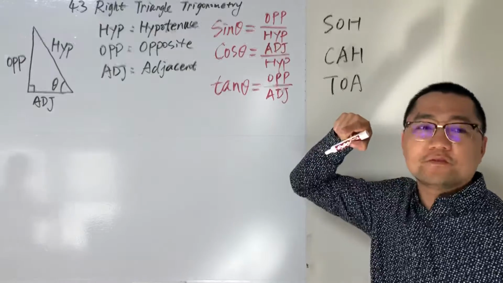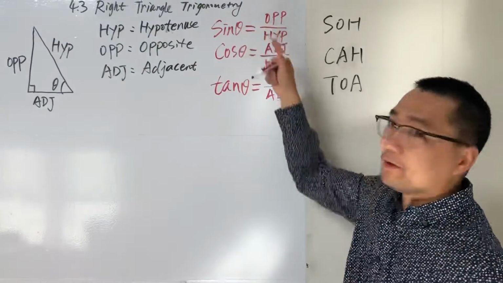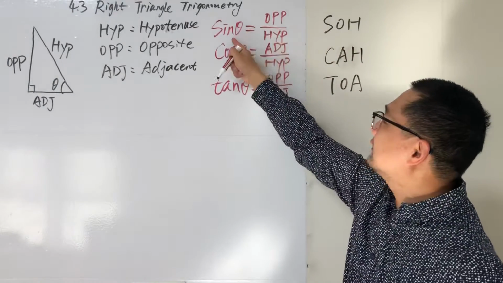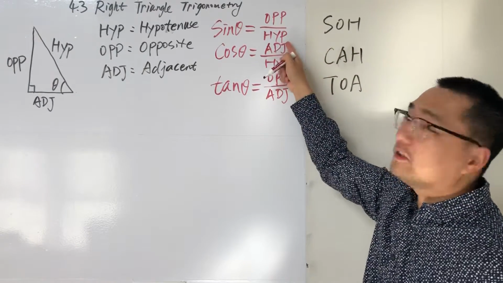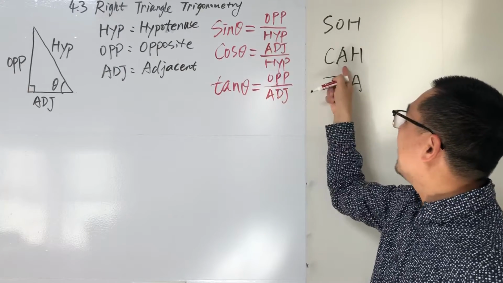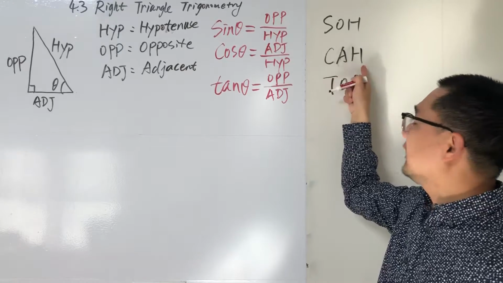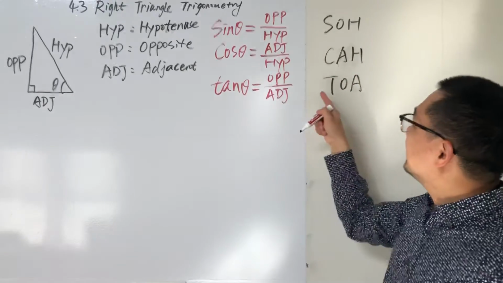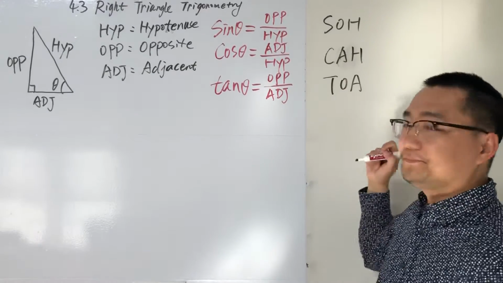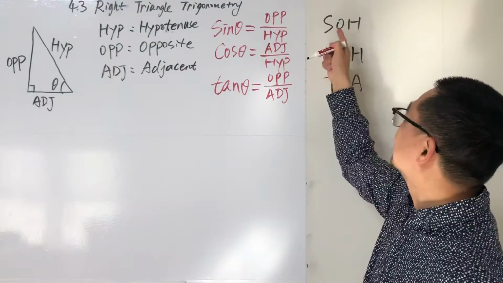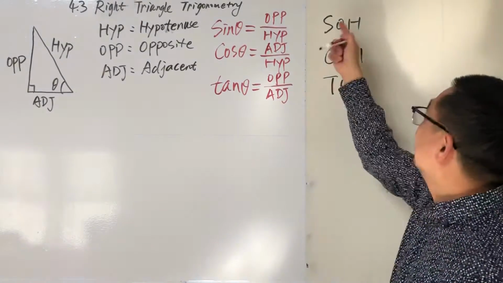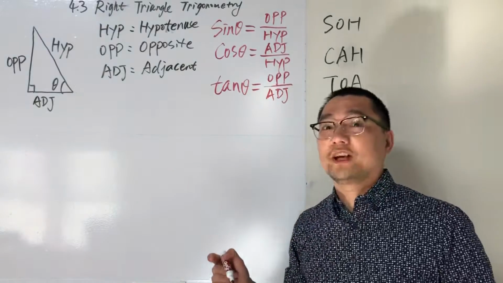They always use the first letters. SOH: sine is opposite over hypotenuse. CAH: cosine is adjacent over hypotenuse. TOA: tangent is opposite over adjacent. So SOHCAHTOA is the name they use to memorize all three.